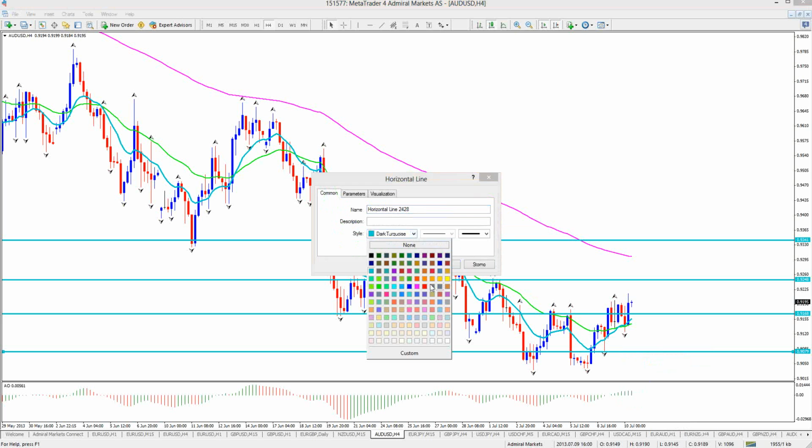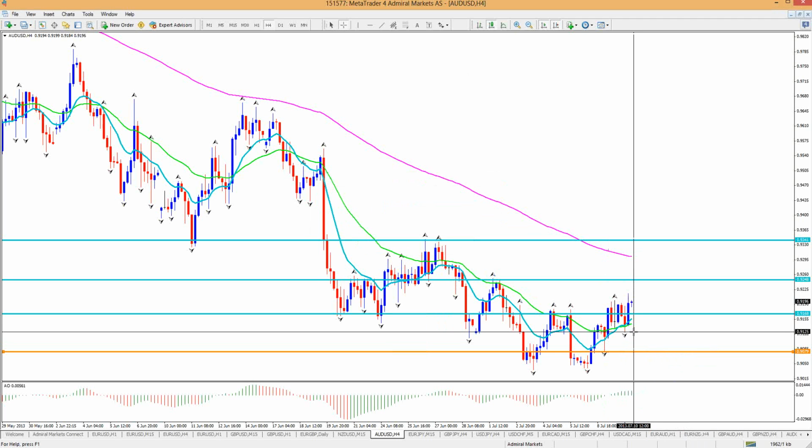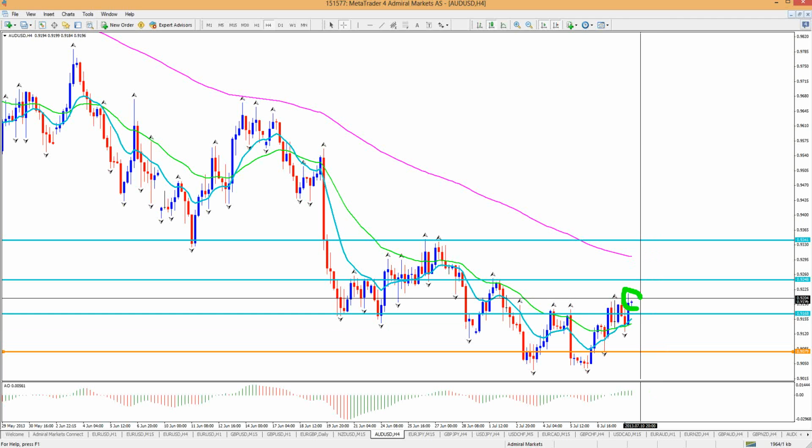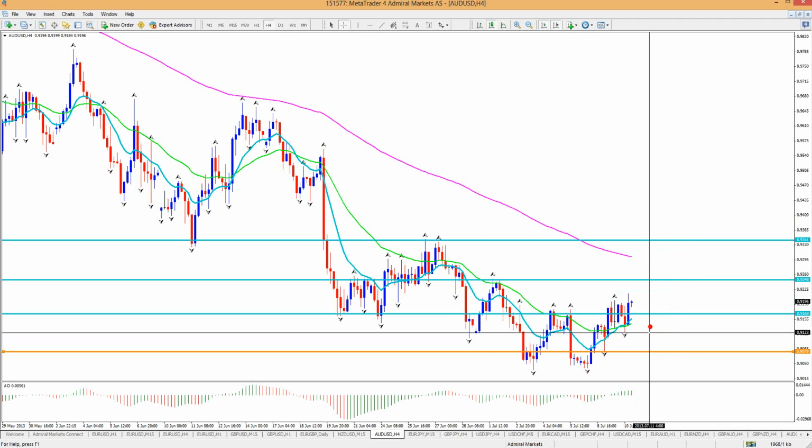I'll make it orange. But soon enough, we'll have a fractal break at 91.25 if this 4-hour candle prints right in here. So then that would be the entry. And the stop loss would be the opposite fractal. And the target would be 2 to 1.